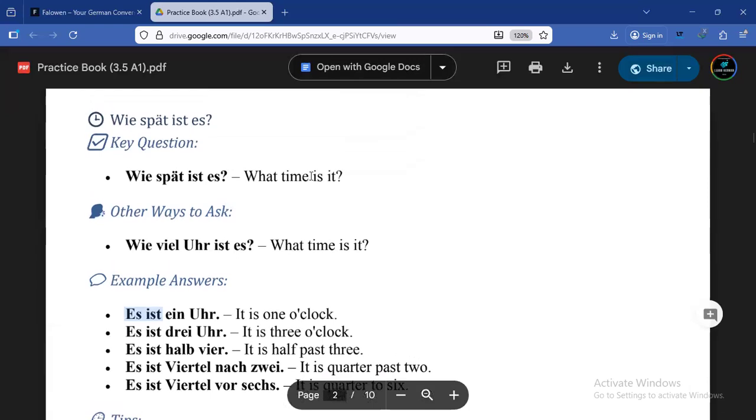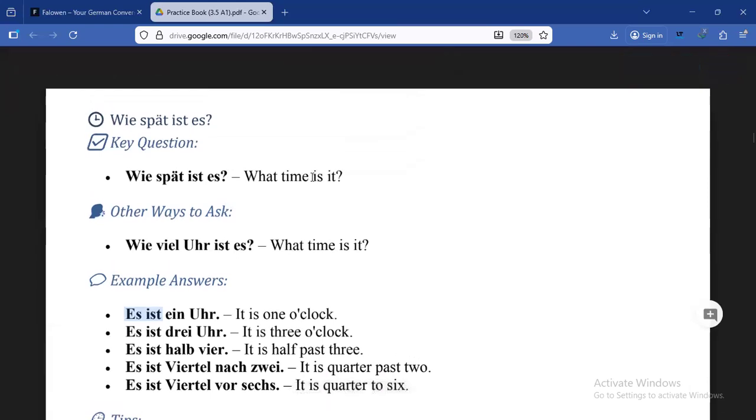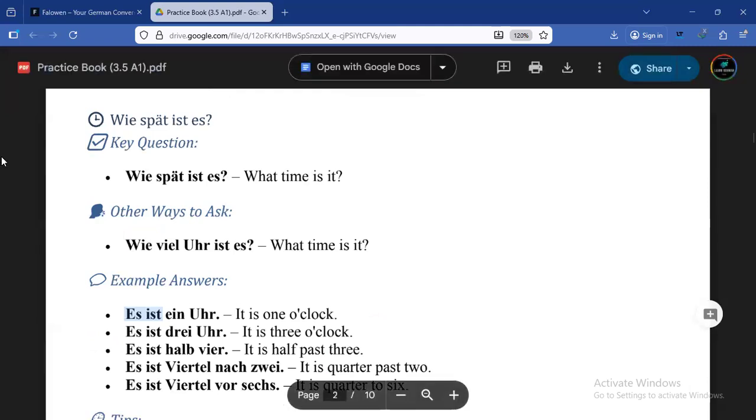So we learned how to say time, but not how to ask for time. And for asking for time, you have two options. We can use "Wie spät ist es?" and spät simply implies late. So you are saying how late is it? That will translate to what time is it? Or the other option, "Wie viel Uhr ist es?" So it will imply what time is it?